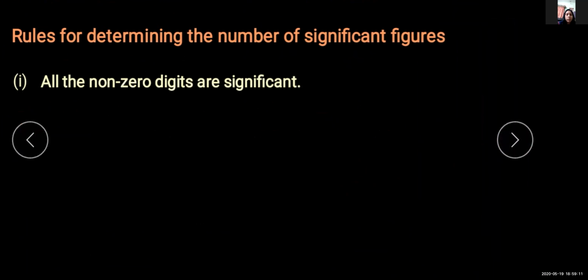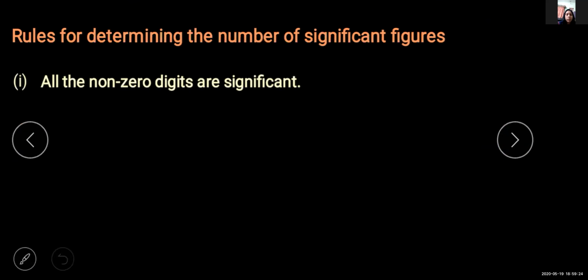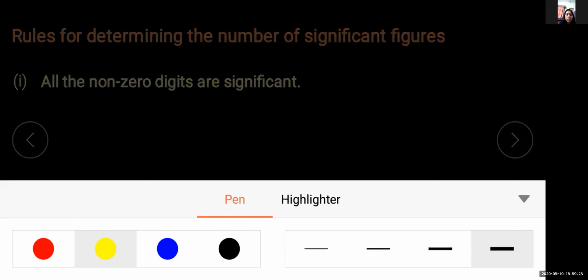Suppose we have the number 42.69432. Non-zero digits are significant, so here we have 8 significant digits.